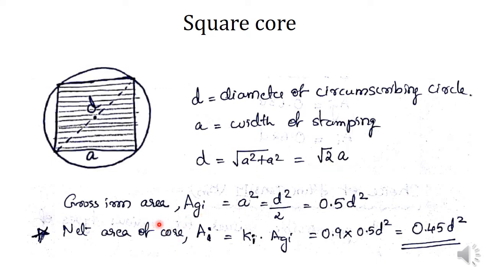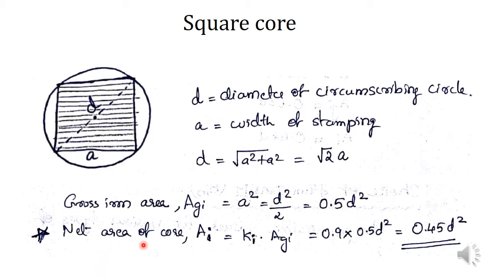And gross iron area, that is a into a, gross iron area a square is equal to d square by 2. From this equation, we can substitute like this. That is d square by 2 is equal to 0.5 d square. So we have to remember these equations. That is AGI is equal to 0.5 d square for square core.